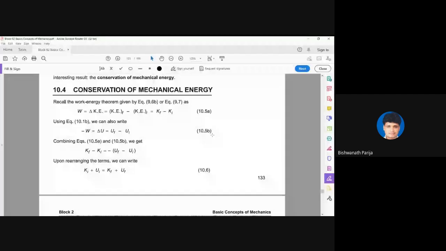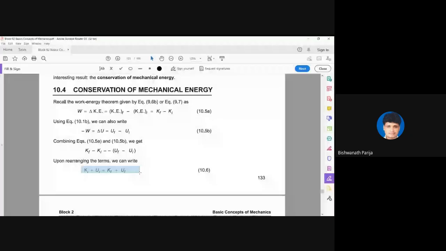Everyone see this formula, 10.6. This formula is very important: initial kinetic energy plus initial potential energy equals final kinetic energy plus final potential energy. Everyone clear?